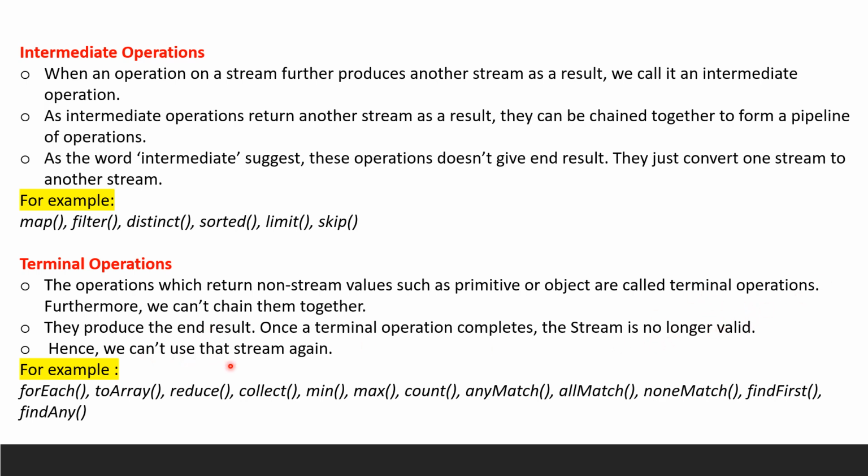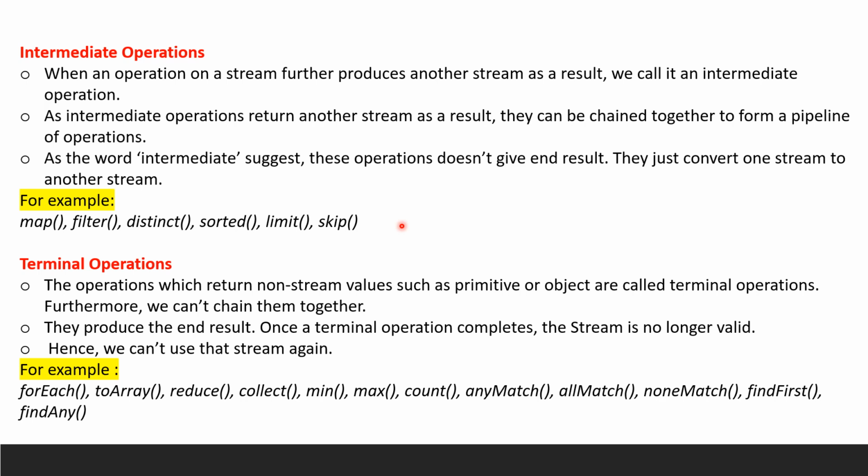For example, these are example methods for terminal operations: forEach, toArray, reduce, collect, min, max, count, anyMatch, allMatch, noneMatch, findFirst, findAny. These are the examples for terminal operations.